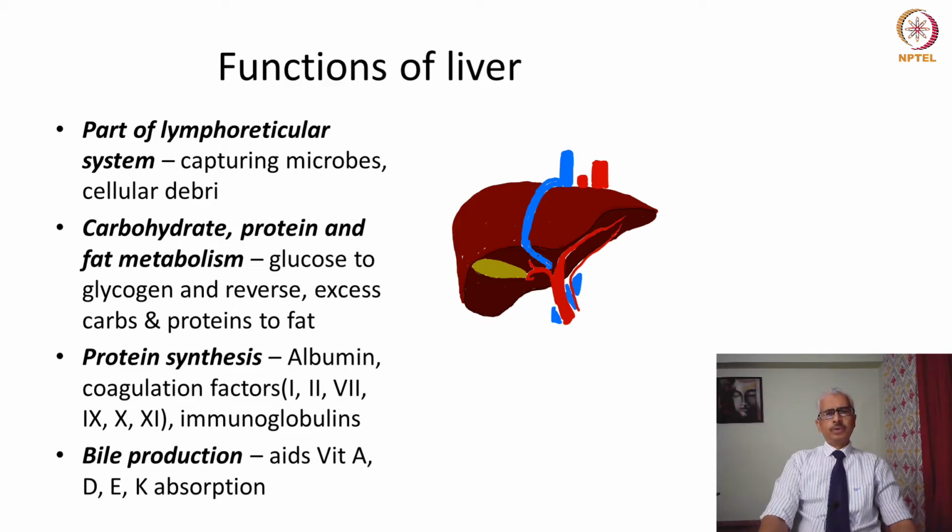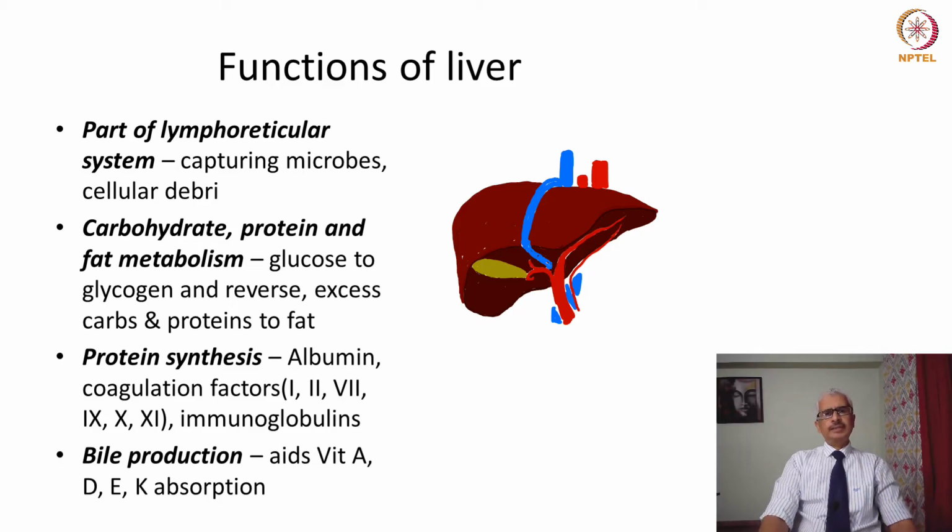One of the most important functions of liver is protein synthesis. One of the important proteins responsible for maintaining the blood osmolarity is albumin, which is synthesized in liver. In addition to this, coagulation factors 1, 2, 7, 9, 10 and 11 are also synthesized in liver.